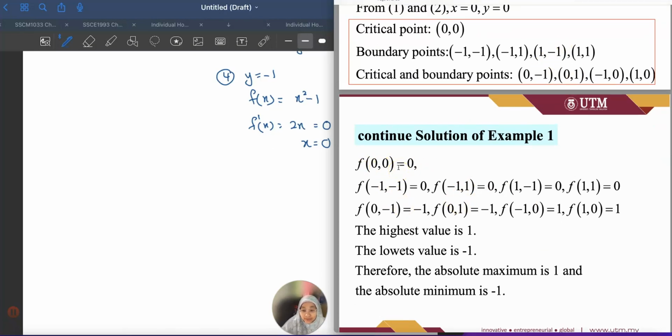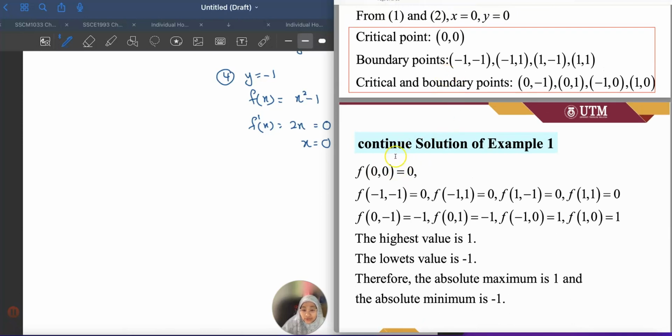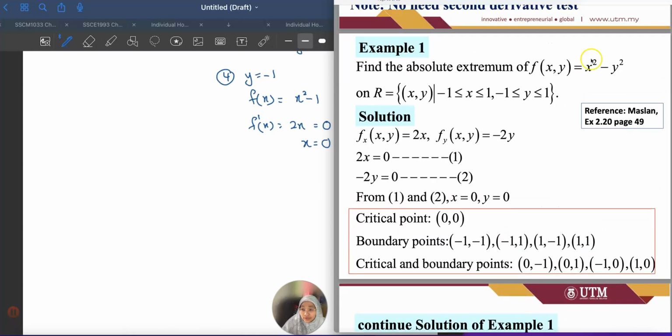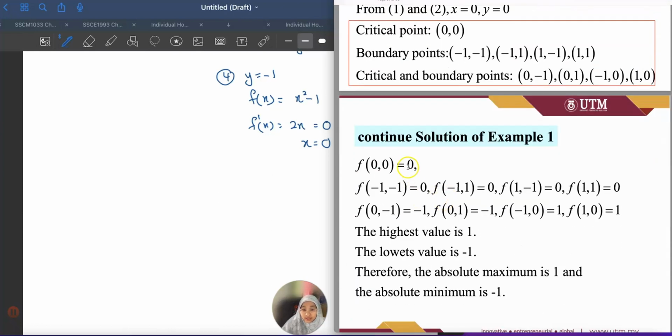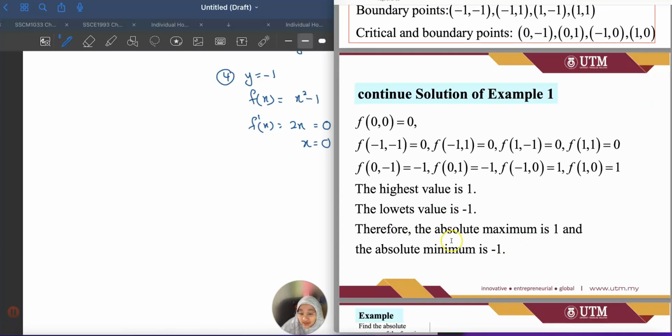So when you substitute, you just substitute x 0, y 0 into your function here, okay, and you obtain the value 0, and you list all the values there, and then you find out which one is the maximum. The maximum one is 1, and the lowest one, sorry, typo here, the lowest one is negative 1. That's it. And we can just say that, therefore, the absolute maximum is 1 and the absolute minimum is minus 1.